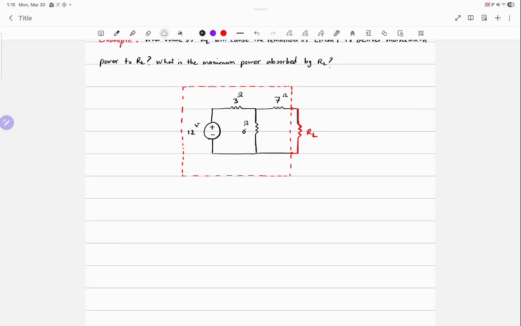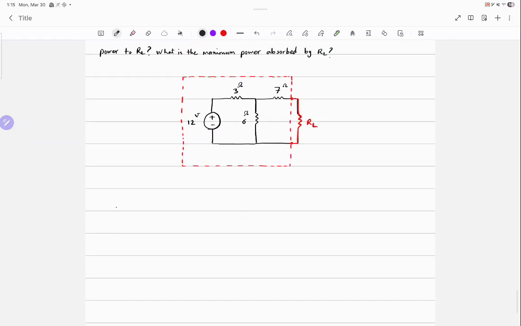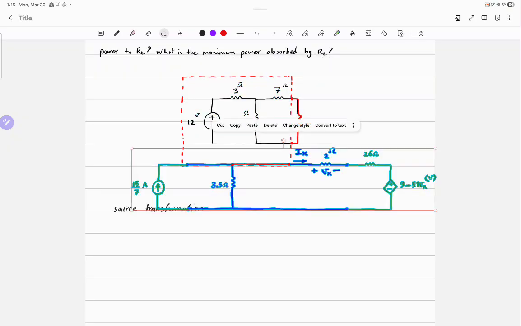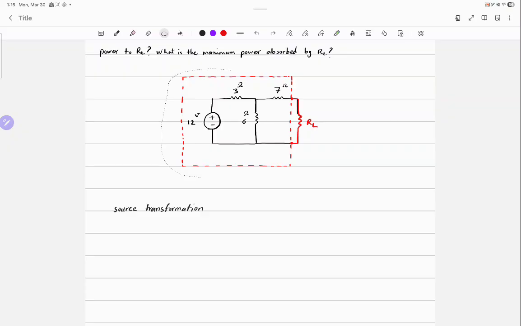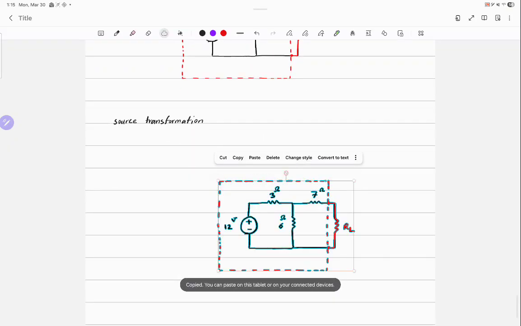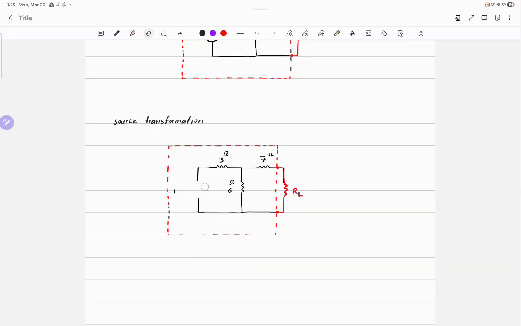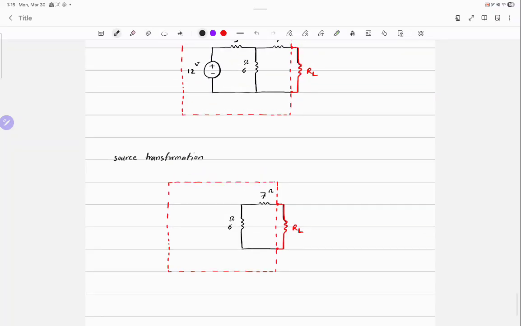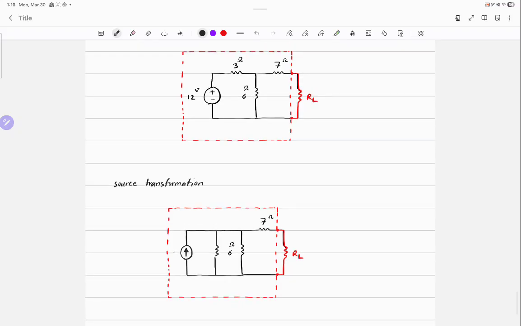So, what's the value of the current source? 4 amps.